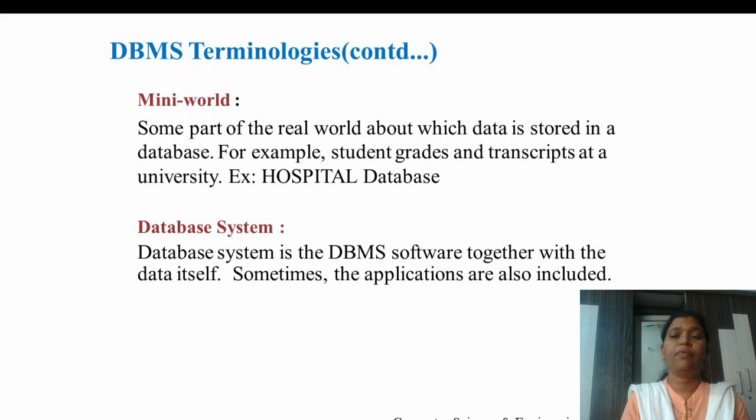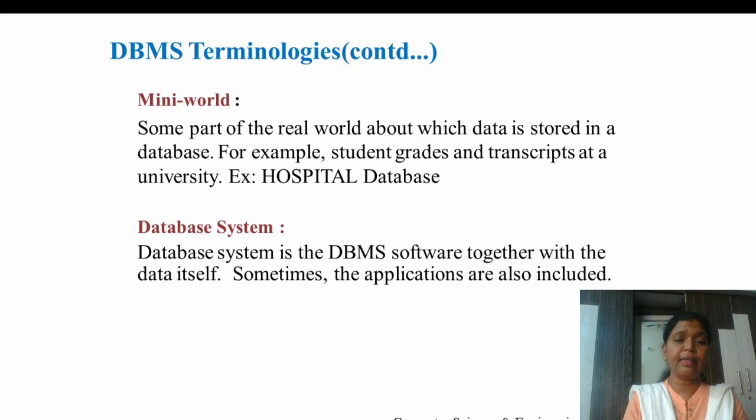Then we have one more important term, database system. So this is very, very important. Database system is a DBMS software together with the data itself. As I told you, if I have data, I have to manage and maintain that using a package, and that is nothing but our DBMS software.